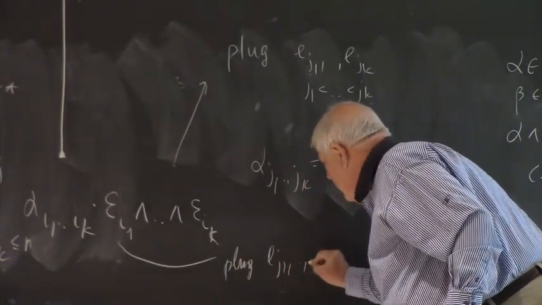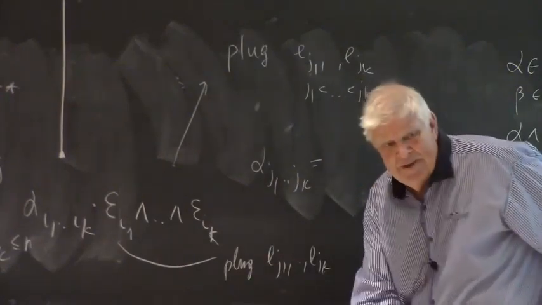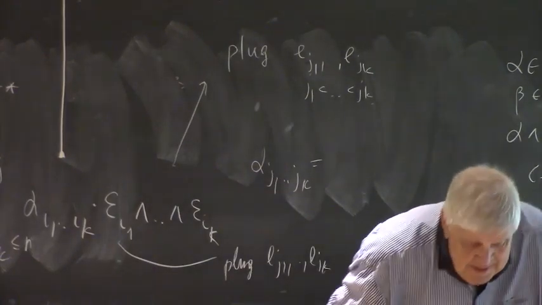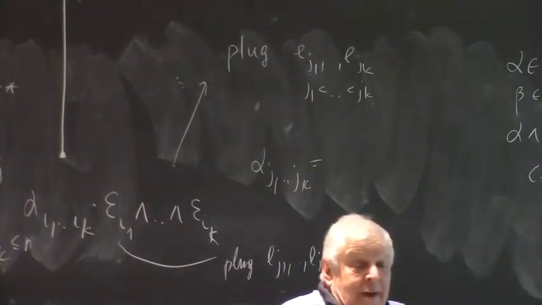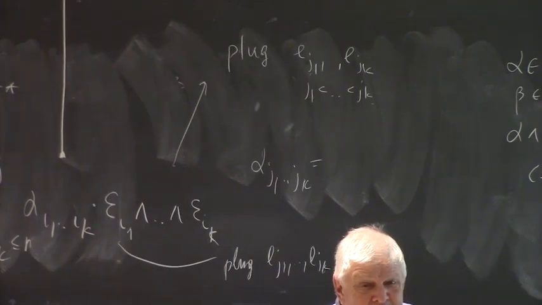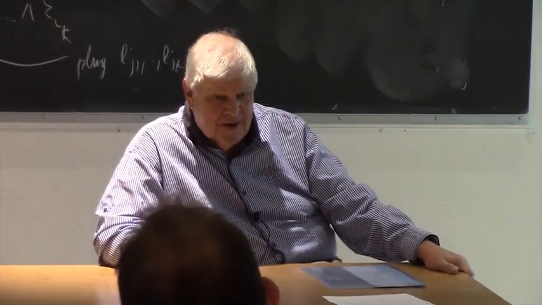What happens if you plug e_{j1}, ..., e_{jk} into this product? First of all, you remember the definition of the wedge product. We need to plug some arguments into one factor, some arguments into the other factor.